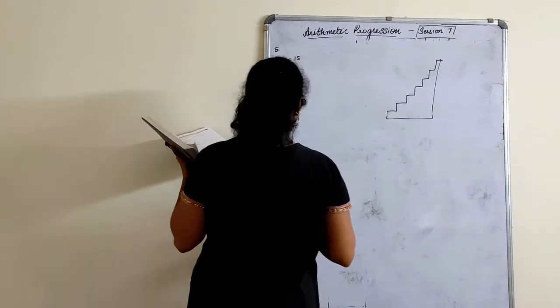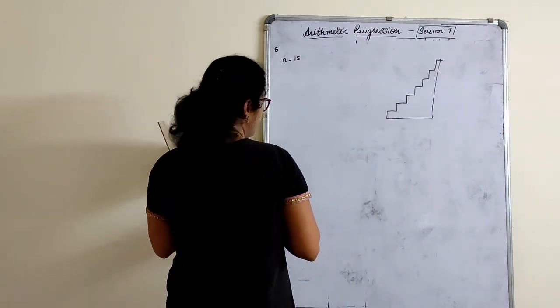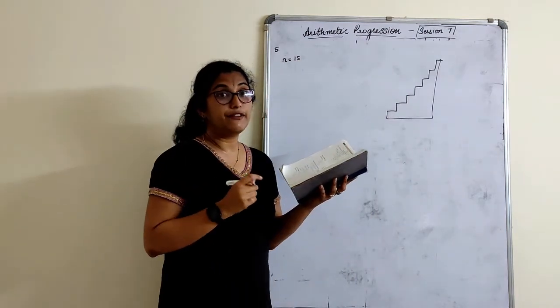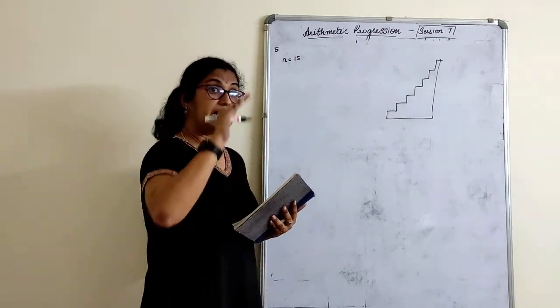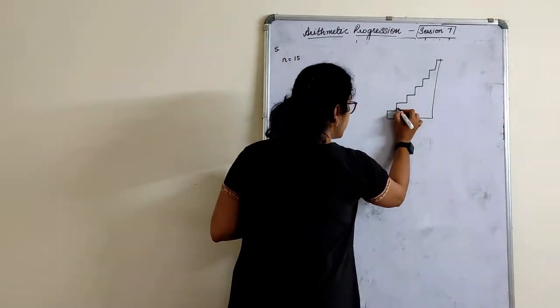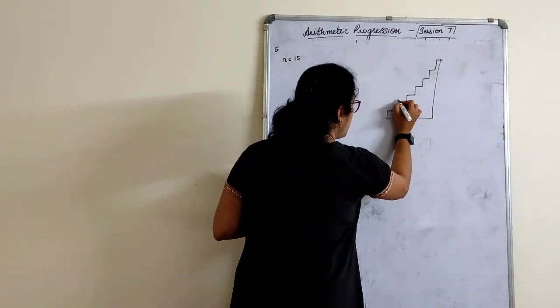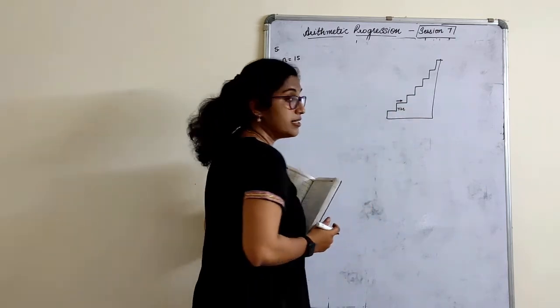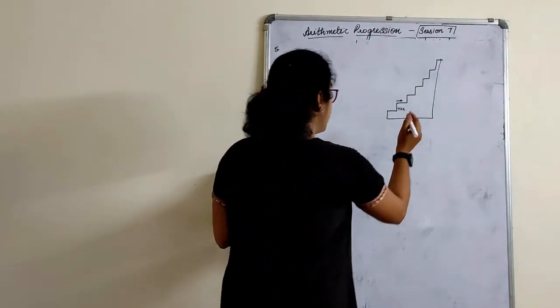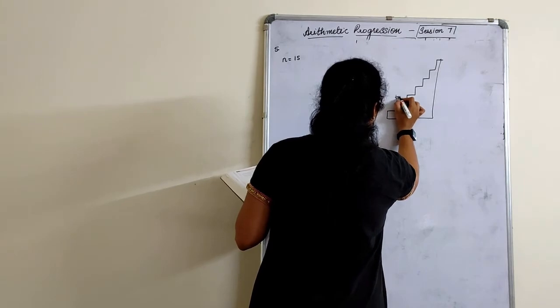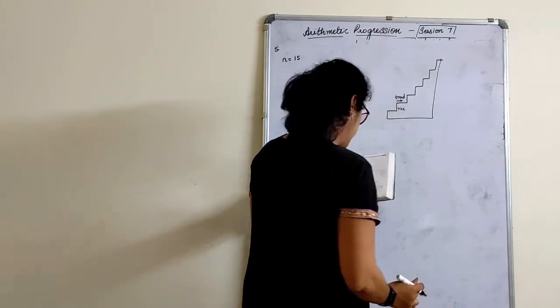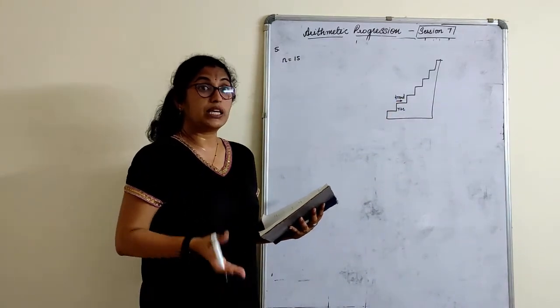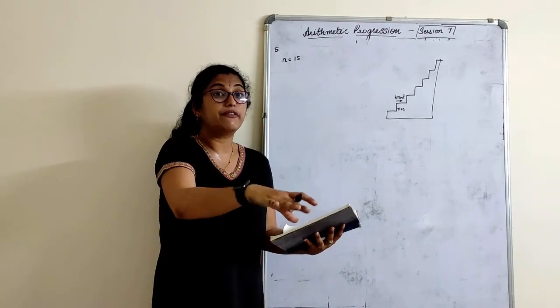This is how it will be. It has a rise and tread. When we talk about a rise, we climb the step, so this is rise. We rest our foot on this, so that is tread. We all say treadmill, right? That means we keep our foot on that.